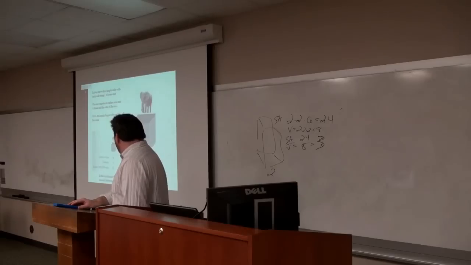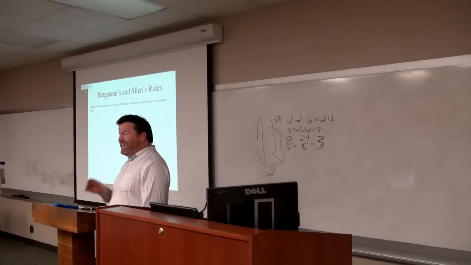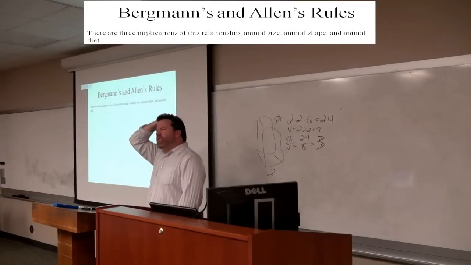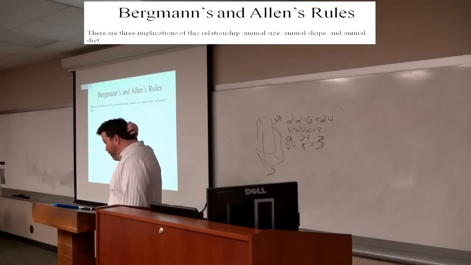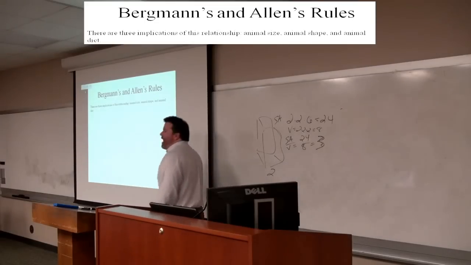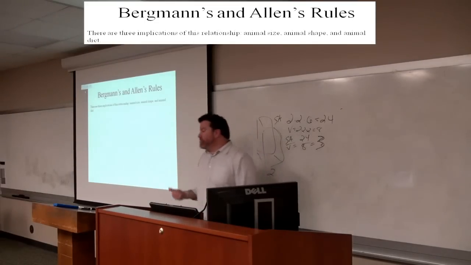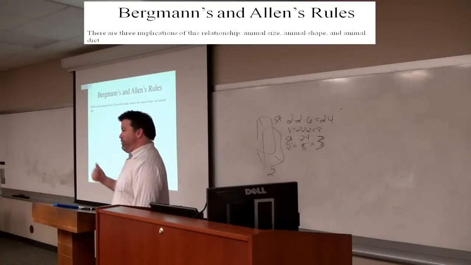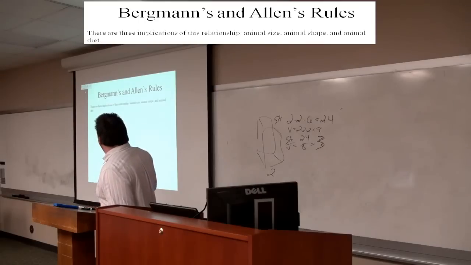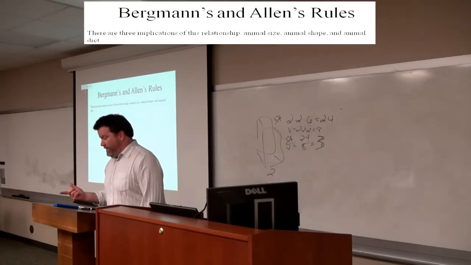There are at least 3 predictions that come out of this. And there are 2 people who are associated with these rules, 2 people named Bergmann and Allen. And there are 3 implications that come out of this relationship. Animal size, animal shape, that's amazing, and animal diet.